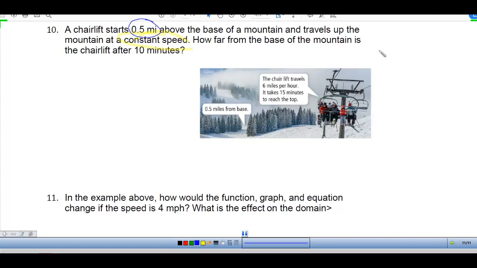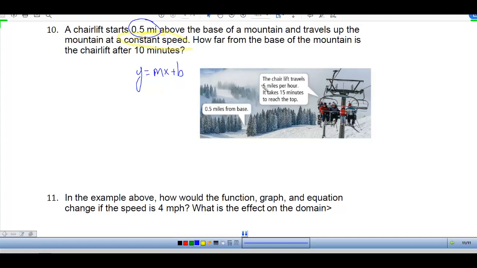So again, when I'm thinking about this, I'm thinking about an equation. These are linear, mx plus b. We're going to write it as a function. We'll change it into function notation. And I'm going for 10 minutes. It has a constant speed. That's telling me it's linear. It's a constant rate of change.